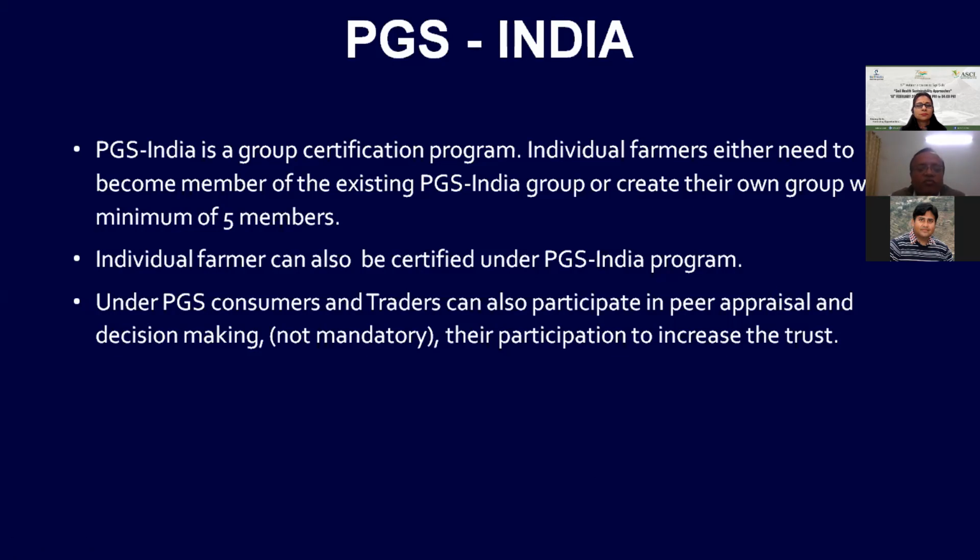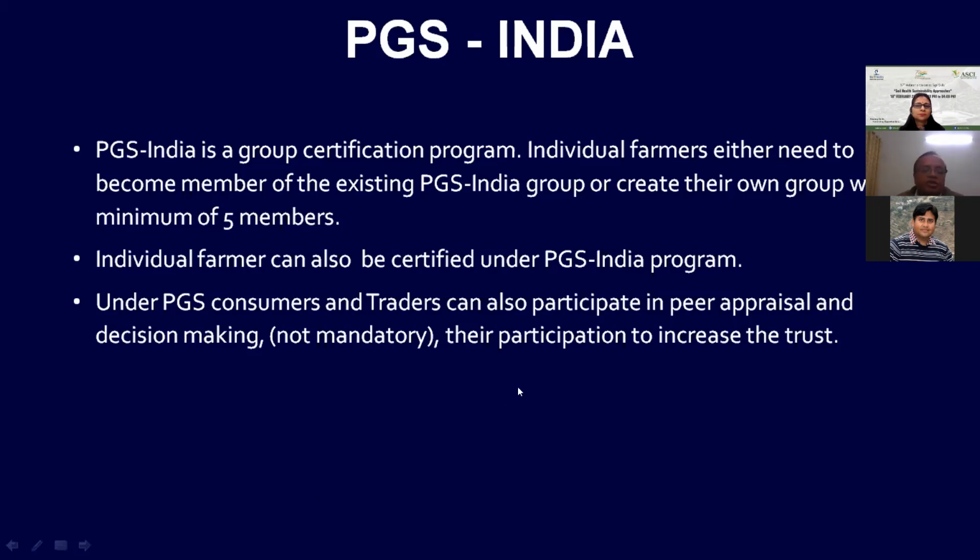Here, a minimum of 5 farmers can create their own group, which will control their certification process. But from this year onward, an individual farmer can also come under PGS certification, and after 2 years or so, the individual farmer can become a group, and then they can start certification of their organic crop.